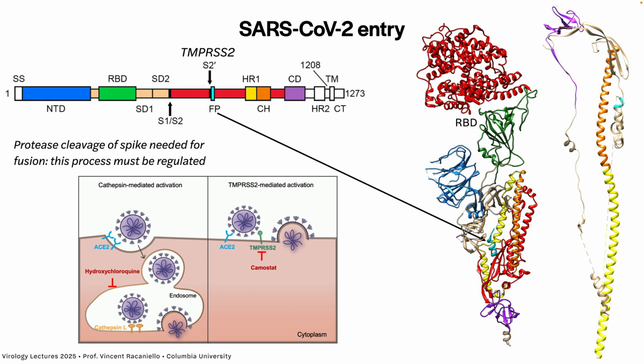Now, I wanted to tell you a little bit about SARS-CoV-2 entry to prove to you why hydroxychloroquine never would have worked, no matter what. You know the story with hydroxychloroquine, right? A group in France did some experiments in cell culture and found that hydroxychloroquine would inhibit reproduction of the virus.